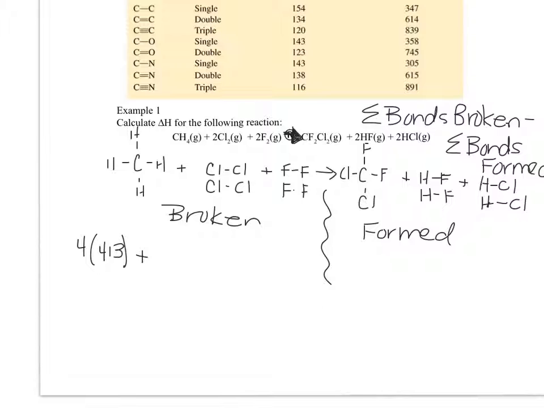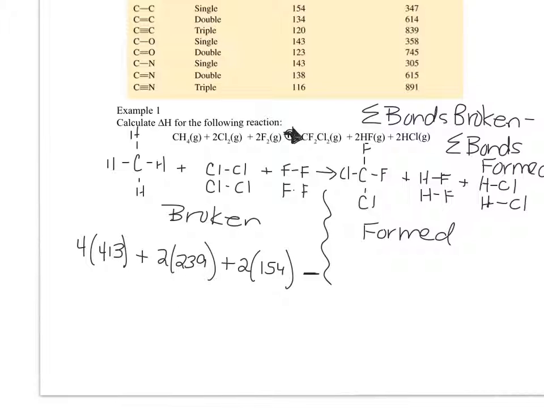Plus, I have 2 Cl-Cl bonds, and Cl-Cl is 239. And I have 2 FF bonds, and F-F is 154. And that's going to be minus my bonds formed. Over here I have CF2Cl2.